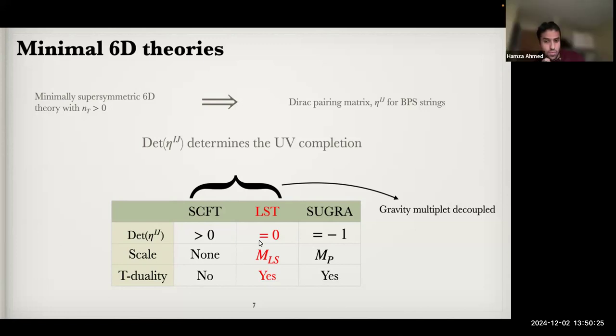Does the T-duality require the center of mass for the M5 branes? Yeah, sorry, could you repeat that? I asked if the T-duality for the M5 brane little string theory requires the center of mass, or can it be done without the center of mass? I think it does, because of the T-duality, like you said.